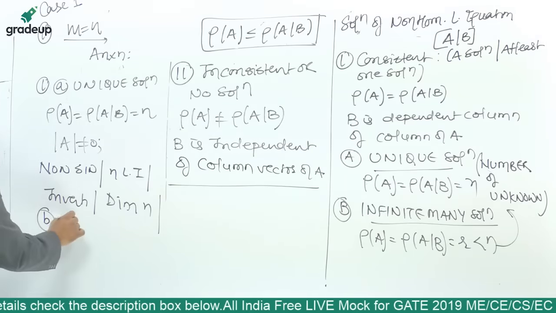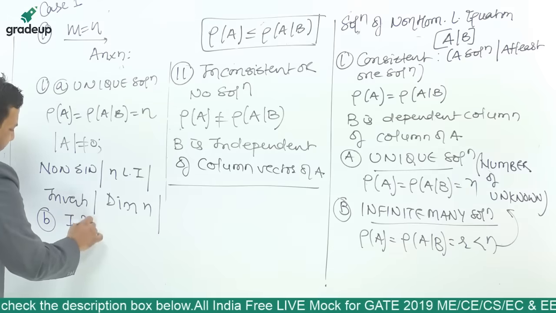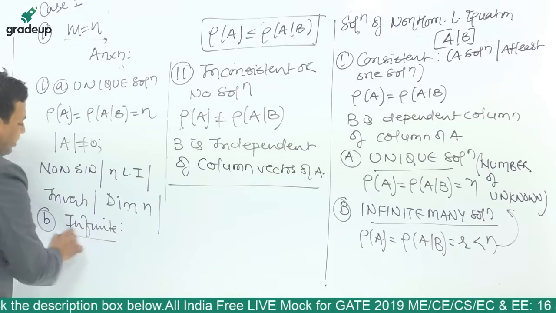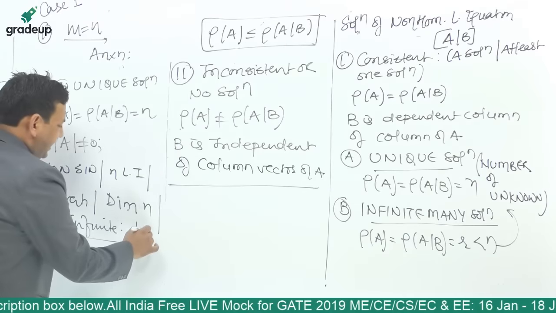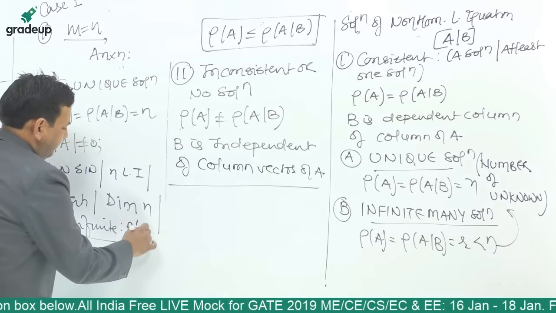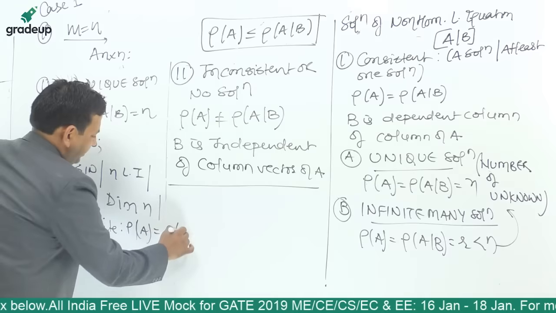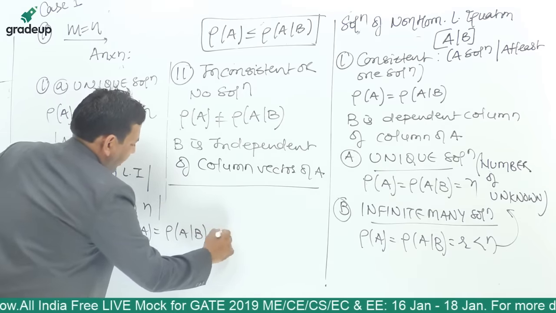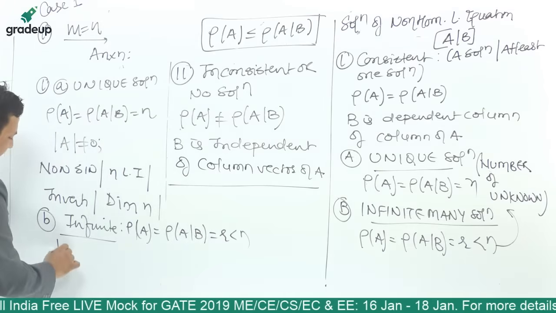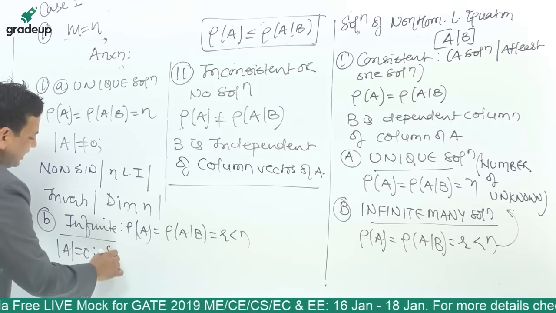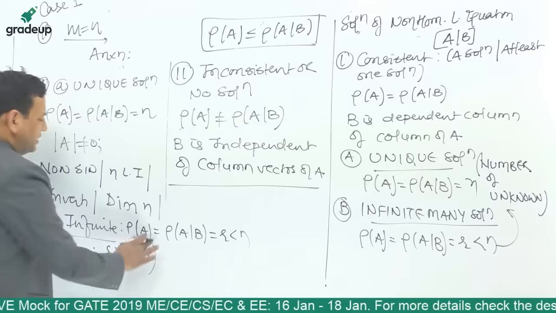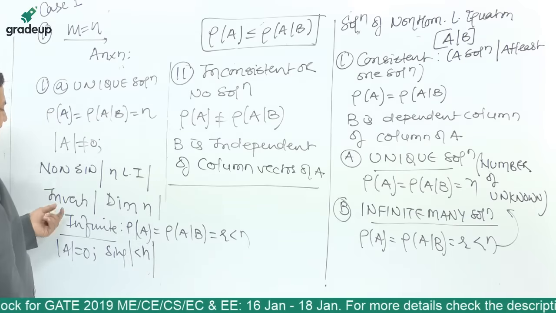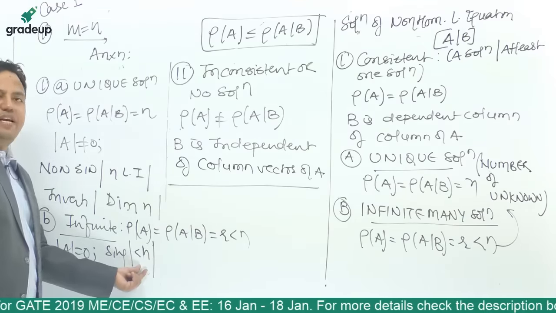And if infinitely many, we are talking about consistency only when the ranks are equal. If the rank of AB is equal to the rank of A, which is equal to r, which is less than n, then the determinant is equal to 0. That means singular, less than n dimension, less than n linearly independent, or they are dependent vectors.